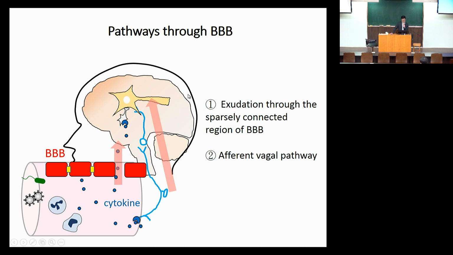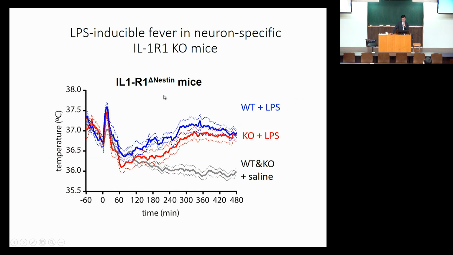with tissue-specific knockout mice. This is cell-specific: the neuron-specific knockout mice, which lack the IL-1 receptor 1 only in neurons. I injected LPS into these knockout mice, and there is no difference between the wild type and this neuron-specific knockout.